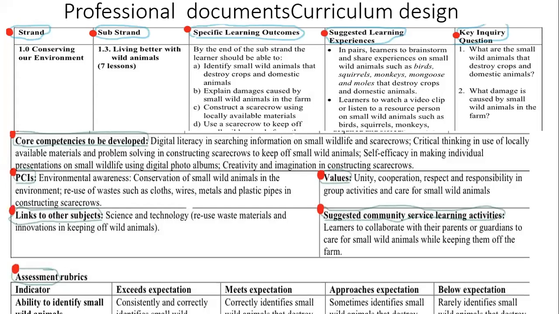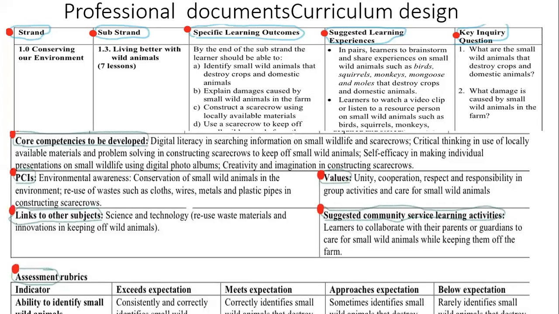So for today, this document was just to show all of us that there's the main curriculum design that has these key features: the strand, the substrand, the specific learning outcomes, and the suggested learning experiences, what the learners will engage in. And then there's always a key question called the key inquiry question that we should keep in our minds from our toolkit.